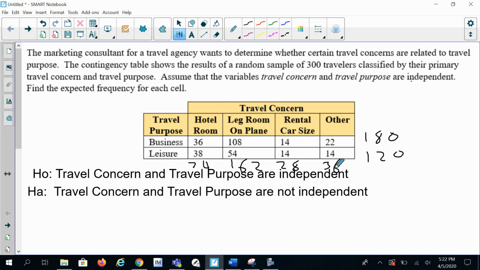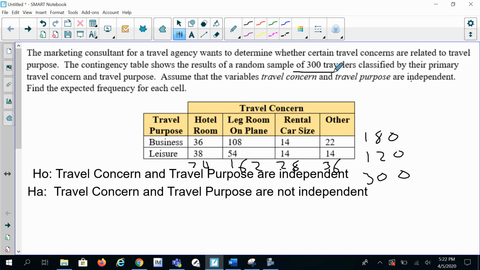So let's find all the row and column totals first. And the overall total, 180 plus 120 is 300. It also says in this problem 300 up there, but it doesn't always say the total, so you add them up yourself. All right, so we have all our totals.